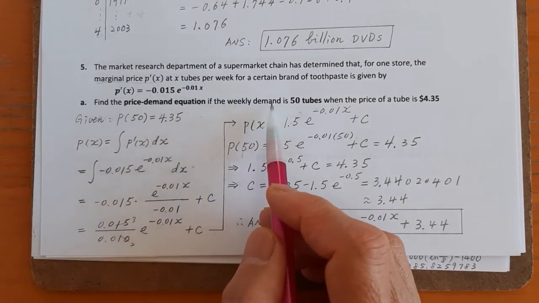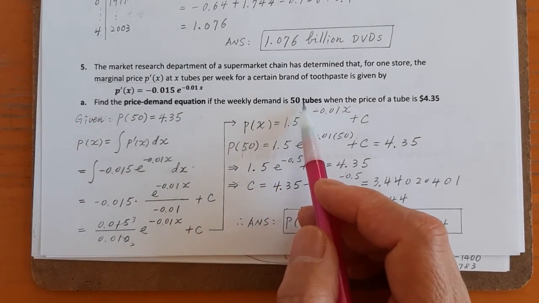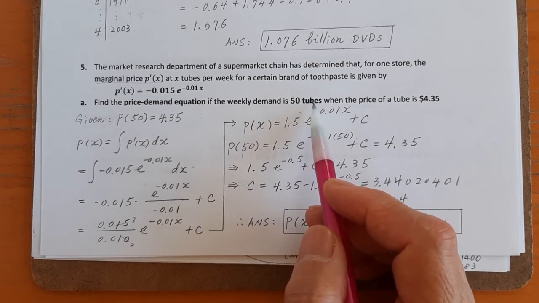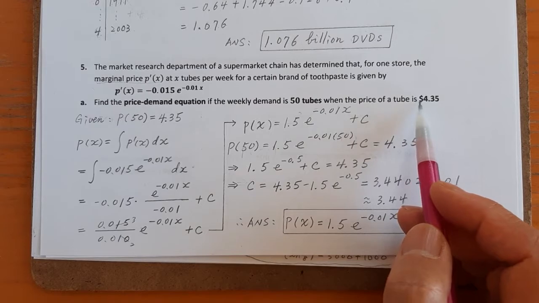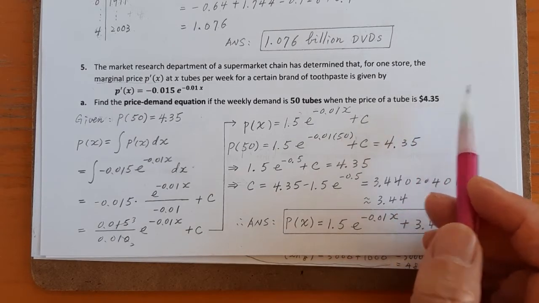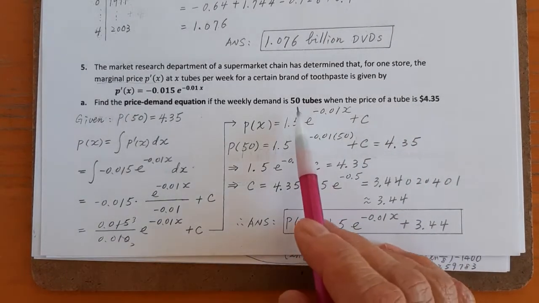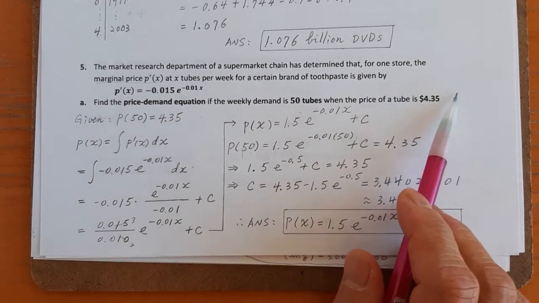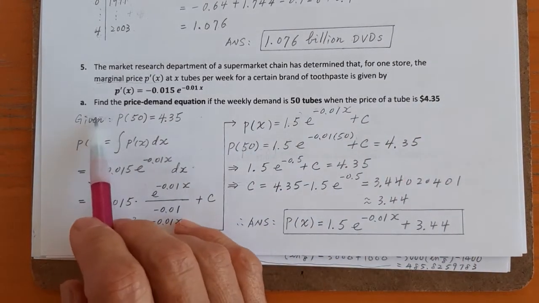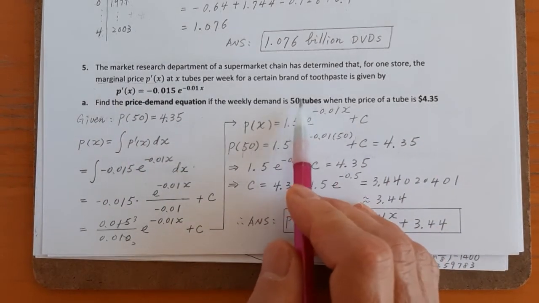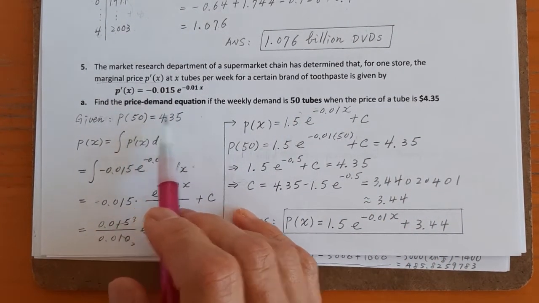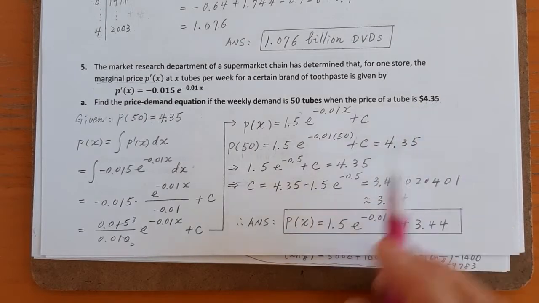If the weekly demand is 50 tubes when the price of a tube is 4.35. From this given condition, we can write: P of x, when x is 50 tubes, the price is 4.35.